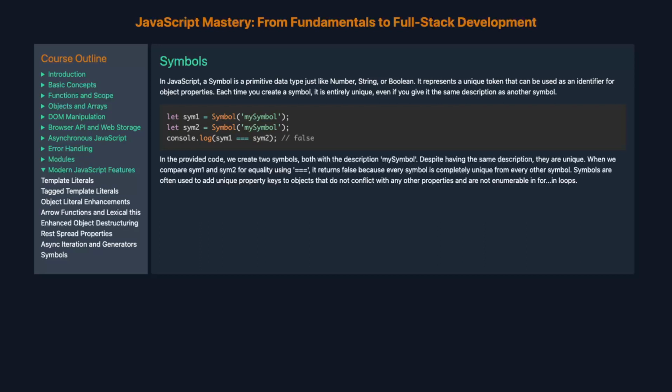Despite having the same description, they are unique. When we compare sym1 and sym2 for equality using ===, it returns false because every symbol is completely unique from every other symbol. Symbols are often used to add unique property keys to objects that do not conflict with any other properties and are not enumerable in for...in loops.